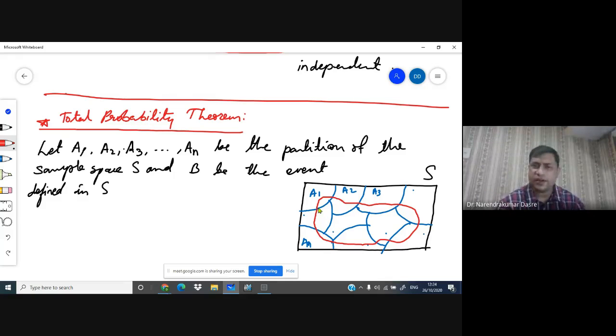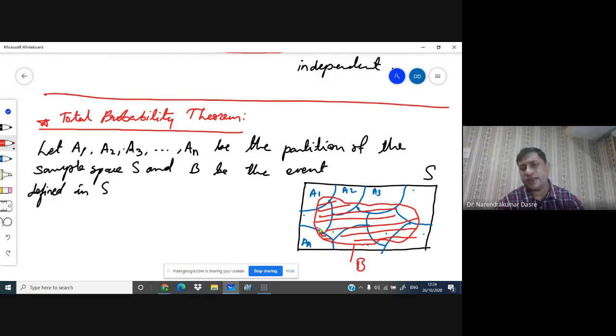So this is the event B, and you can see this is the region of event B. Now B contains a small part of A1, a part of A2, a part of A3, and so on, and it contains a part of AN also.